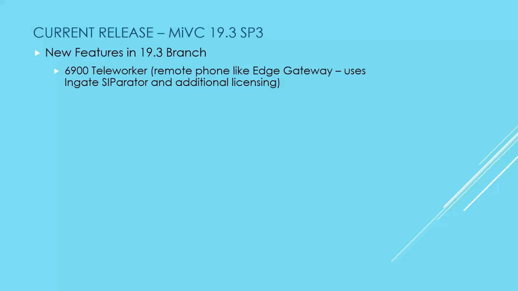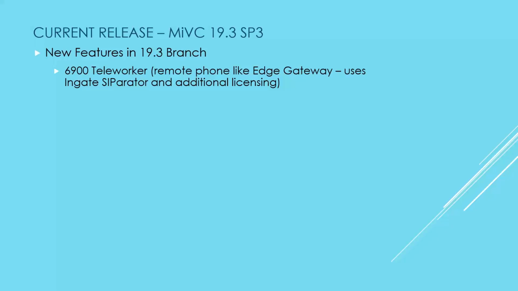With the 400 series phones, we had the Edge Gateway appliance that we could use to provide remote phone capability. But for a long time, we didn't have that same capability with the 6900 series phones. We didn't have the ability for someone to just take a phone home and use it over the internet.